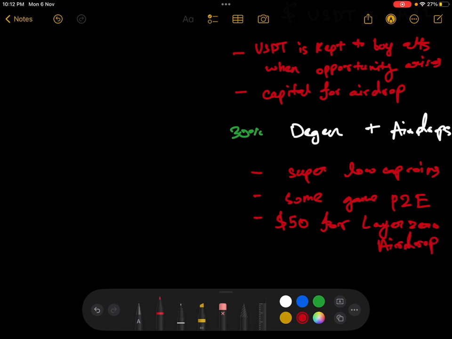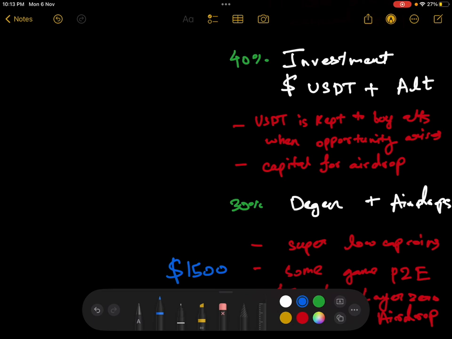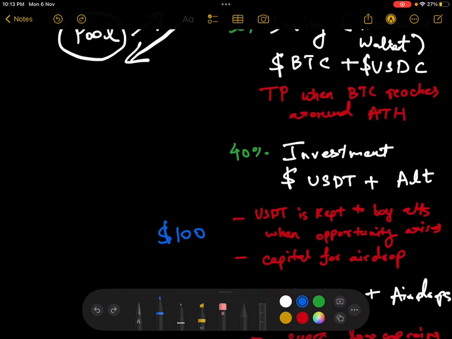So these are all the things, and whatever I earned from, let's say I got $1,500 in 1 month from some airdrop. Maybe in some altcoin it 2x'd and I got $100 from here. Maybe Bitcoin reached all-time high and I booked, let's say, $300 from here.